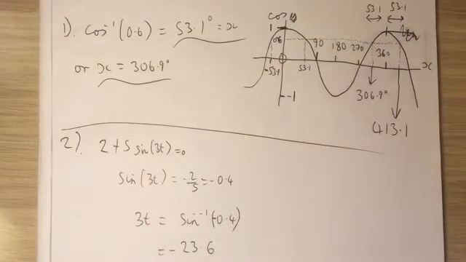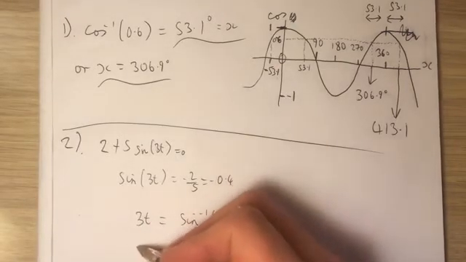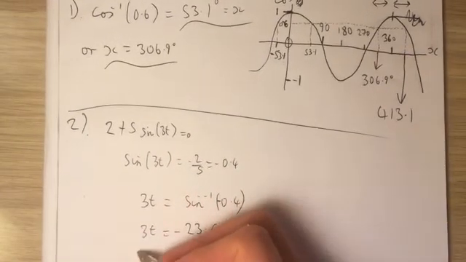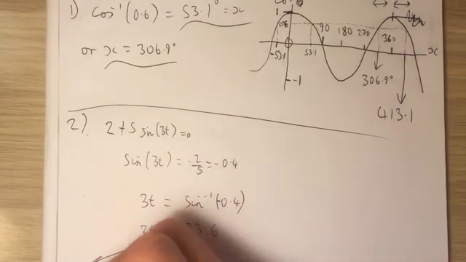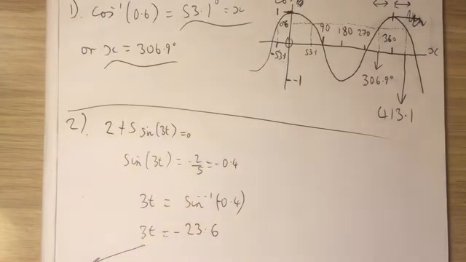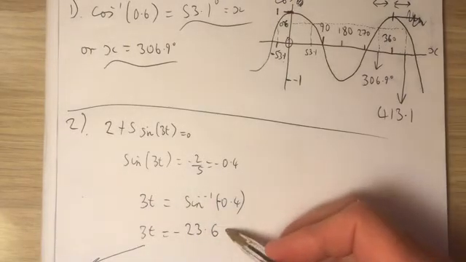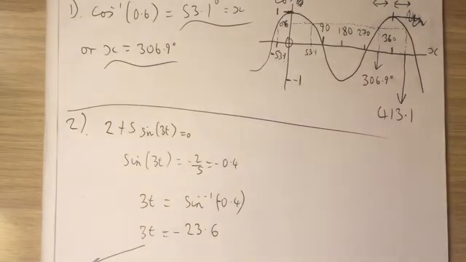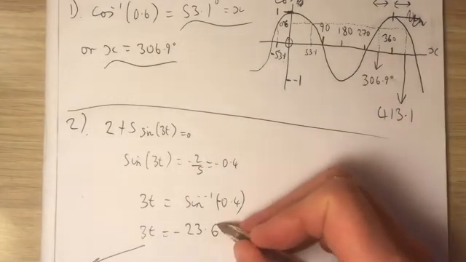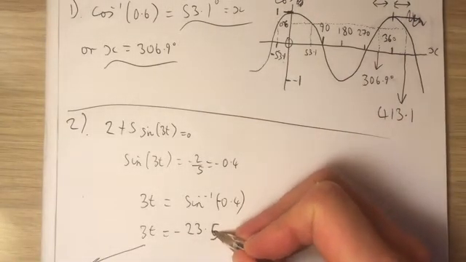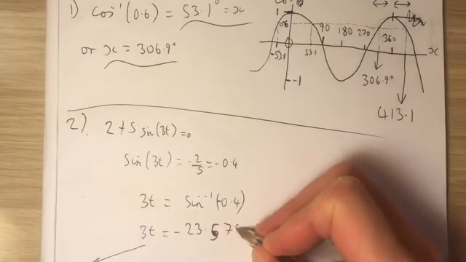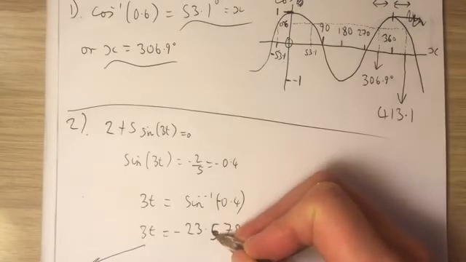So that's what 3t is going to equal. I'm going to have t equals, obviously dividing that answer by 3. Now, it is good practice to use far more decimals than you need here. The reason I haven't is just to keep it simple, and I'm using the graph to show you what's going on. But really, it is very good practice to use more decimals, just to keep things accurate.